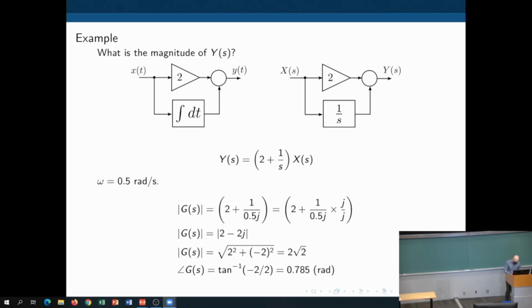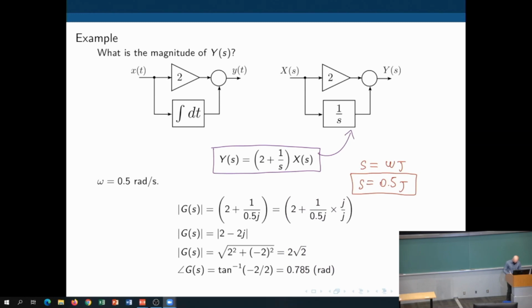Here is the expression for that part. Nothing new here. Now we're going to evaluate the transfer function magnitude and phase at 0.5 radians per second, because that's the excitation frequency. If that is the case, then S is omega j. S is 0.5 j.